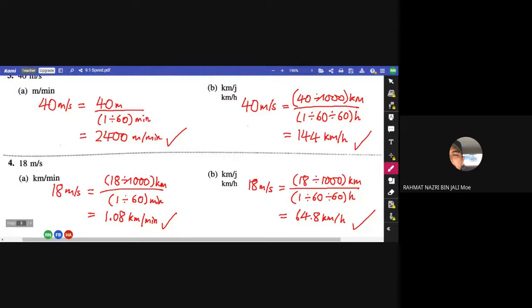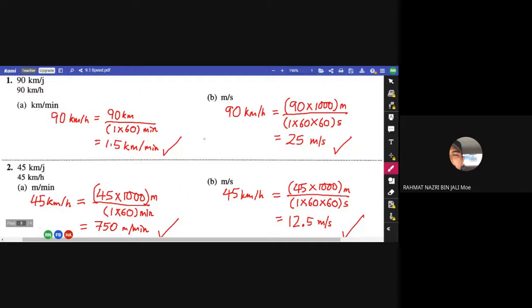Okay, question number 1 and 2. 28 finish. Another 30. Another 30 people.